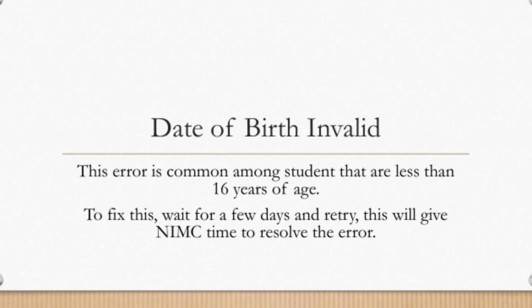So this error still pops out. To fix this, you can just wait for a few days and retry, giving NIMC time to resolve this. But if this does not work, you can go to any nearby NIMC center. I believe they will be able to resolve this for you.